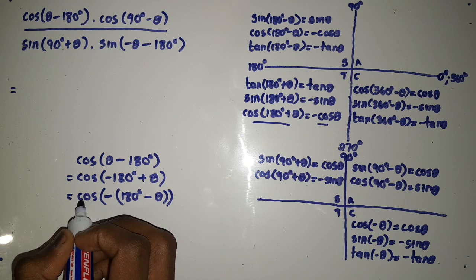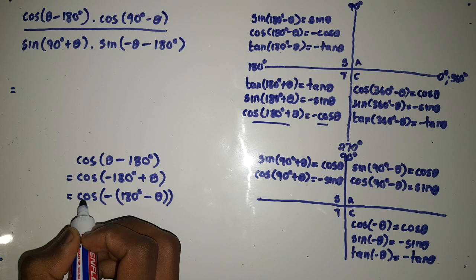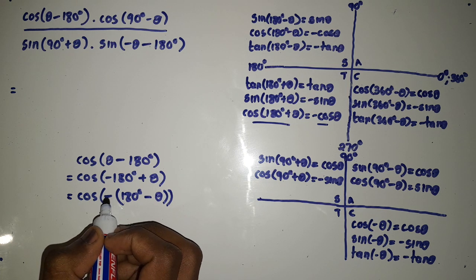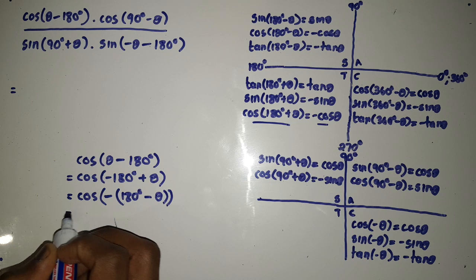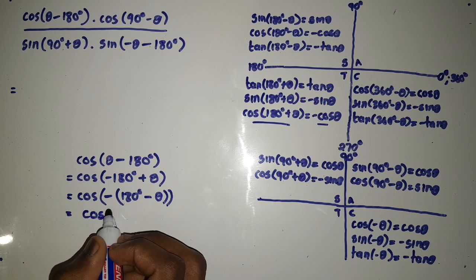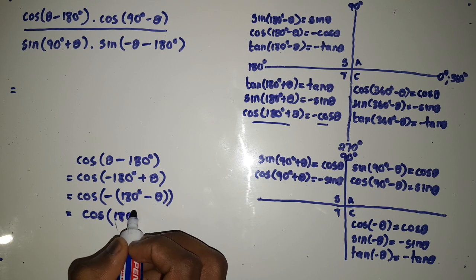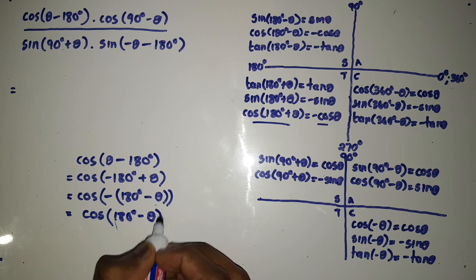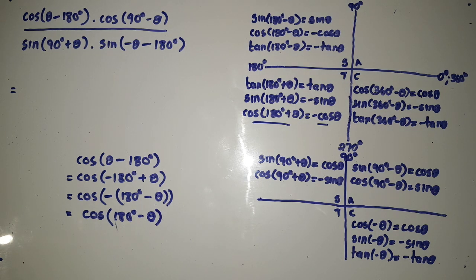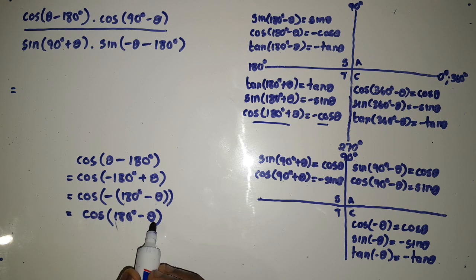Now check, we have a negative angle. For cos of a negative angle, it gives us positive cos. You write positive cos, then you write the entire cos(180 minus theta). We have worked out the negative angle. Now we have a reduction formula of 180 minus theta.